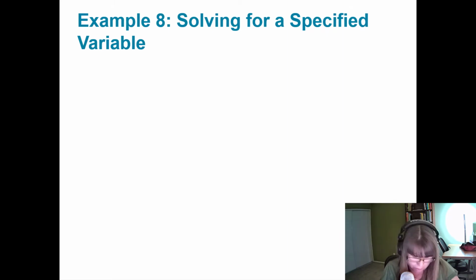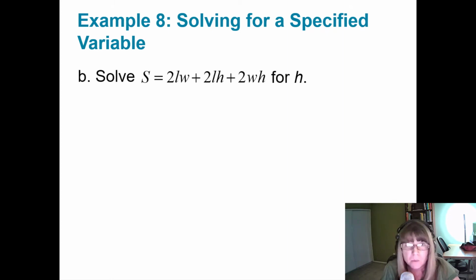Let's try another problem. We have S equals 2LW plus 2LH plus 2WH, and we want to solve this for H. Now, we've got to find the H first because this is kind of long and lengthy. So I'm just going to highlight my H, and I have a couple of H's.